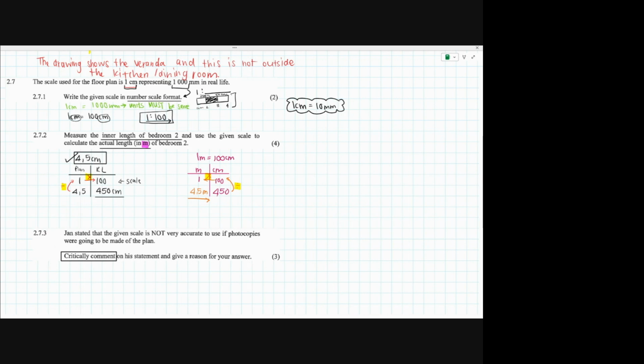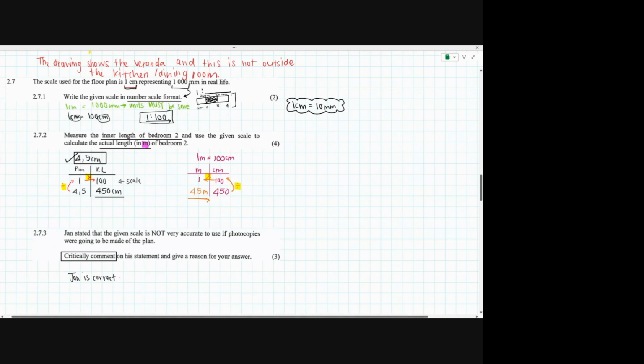The problem with a number scale is that a number scale is only accurate for a very specific size of your diagram. If I made that diagram even a smidge bigger, the number scale no longer applies. So that is the problem with number scales, and we'll chat about then why bar scales are more beneficial. But let's just write this down. So Jan is correct.